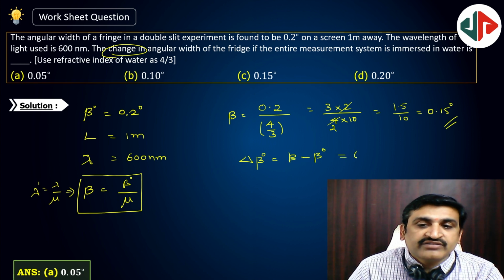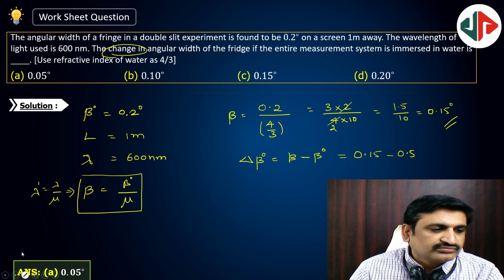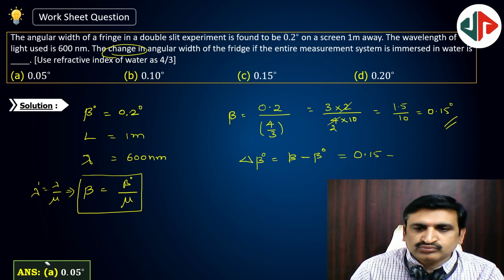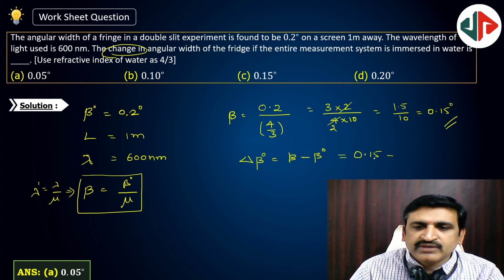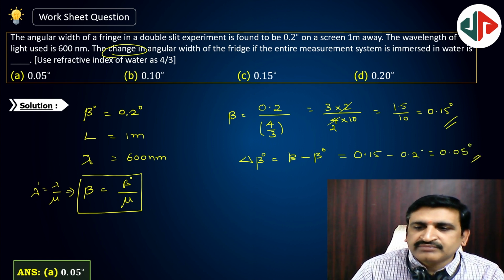That is equal to beta final 0.15 minus beta initial 0.2. So the initial is 0.2 and the final is 0.15. Only the difference we need, so it will be 0.05 degrees. Magnitude you may give. Next.